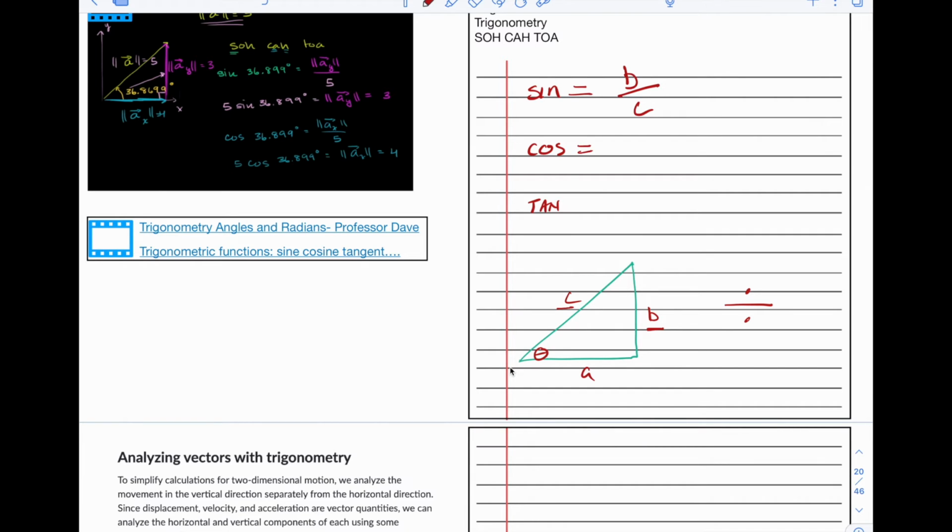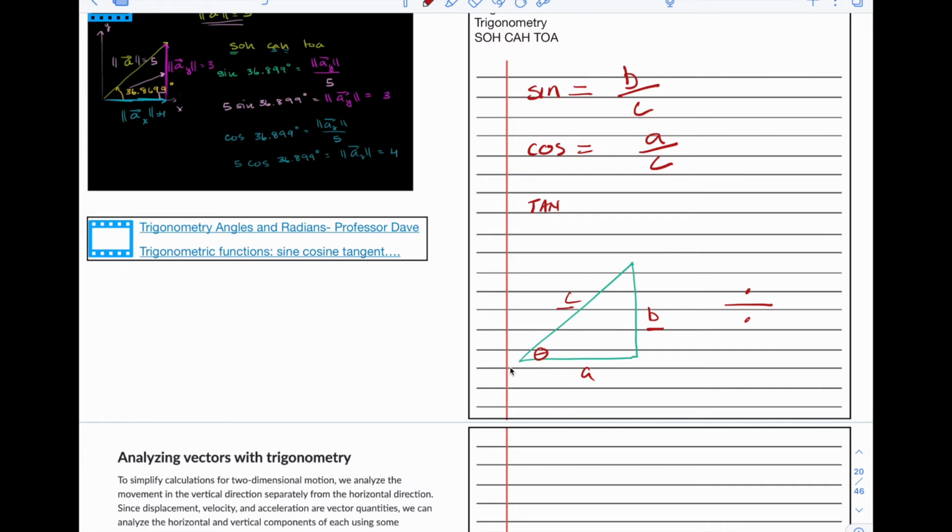And then for cosine, cosine will not be opposite over hypotenuse, will not be B over C. It'll be one of the other options. You only have another option, so it'll be adjacent over hypotenuse. Adjacent over hypotenuse will be cosine. In this case, that'll be A divided by C. So for sine it was opposite over hypotenuse, and for cosine it was adjacent over hypotenuse.